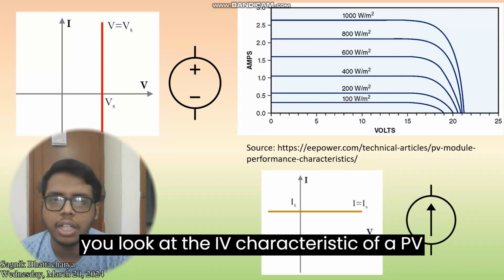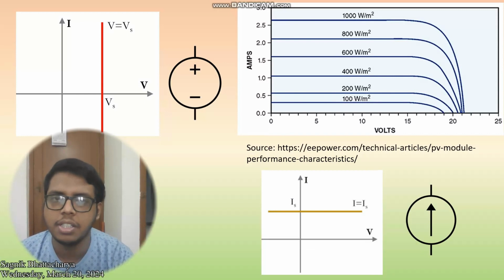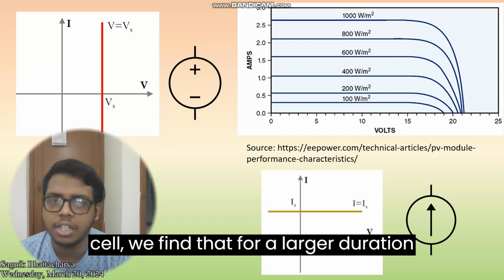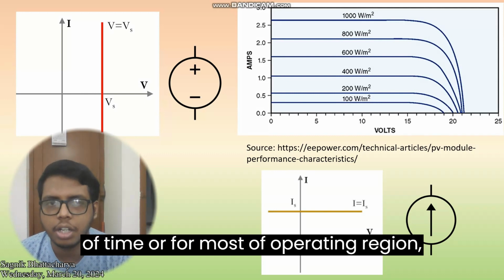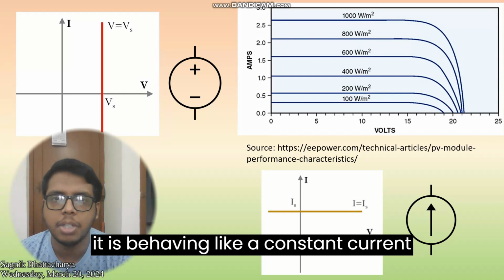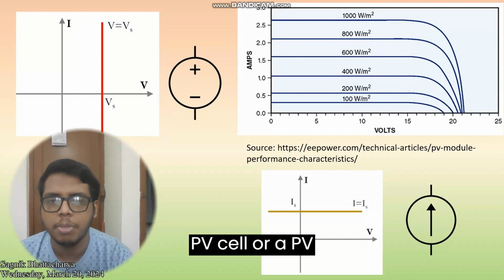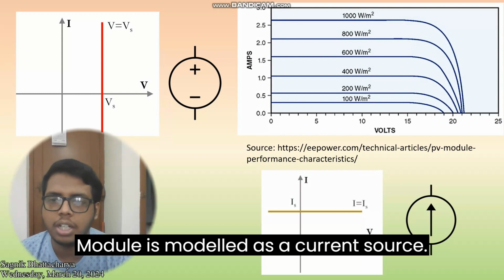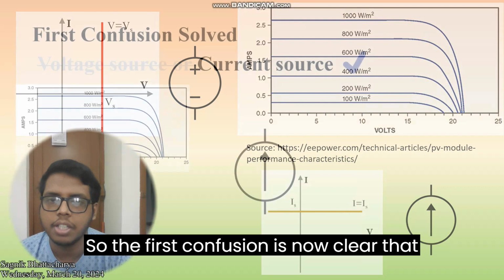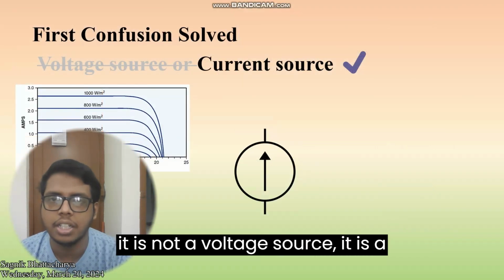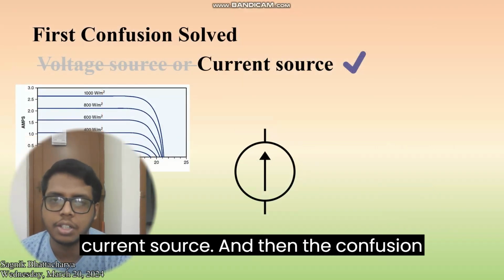Now, if you look at the IV characteristic of a PV cell, we find that for a larger range of operating points, it is behaving like a constant current source. That is why a PV cell or a PV module is modeled as a current source. So the first confusion is now clear: it is not a voltage source, it is a current source.